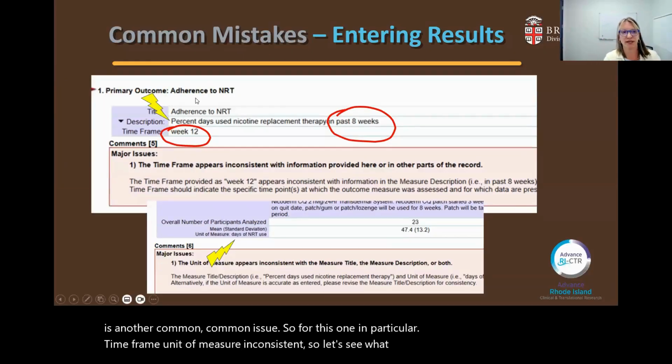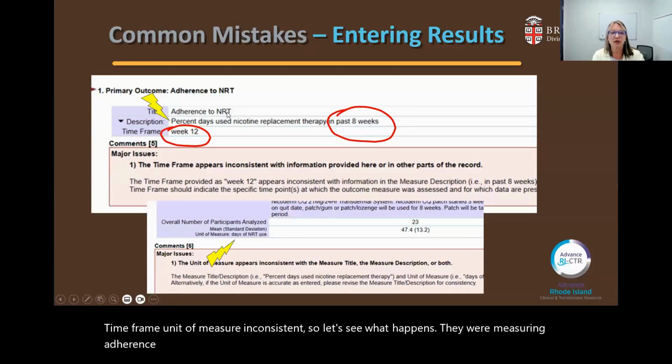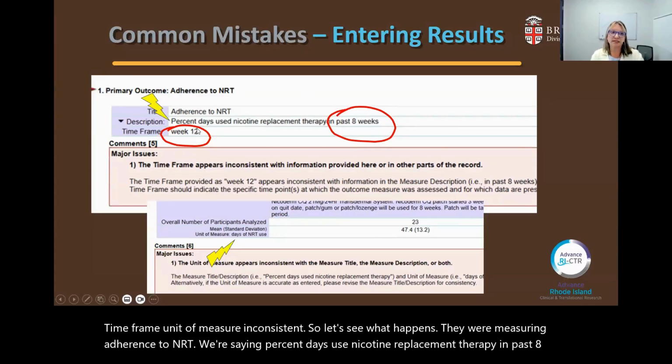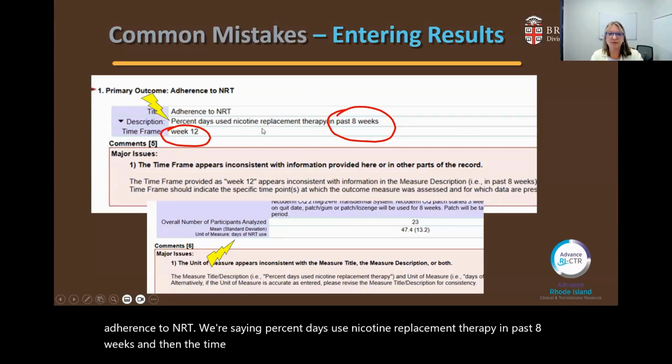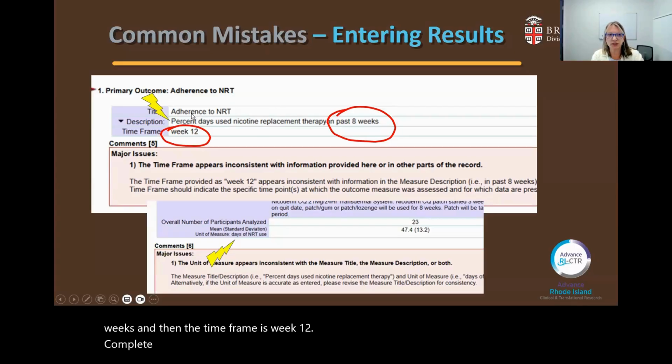They were measuring adherence to NRT. We're saying percent days use nicotine replacement therapy in past 8 weeks. And then the time frame is week 12. Concrete thinking: I'm measuring percent days in past 8 weeks, but then the time frame is 12.